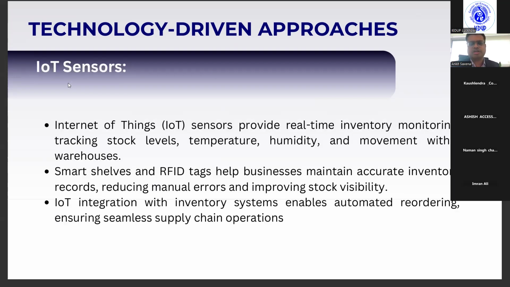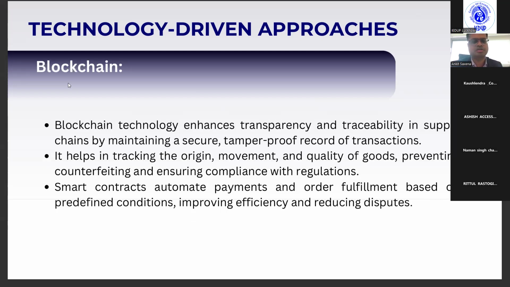Then, as I mentioned, that IoT sensors can be integrated within the existing warehouse setup, and there are RFID tags, smart shelves which can be integrated to maintain accurate inventories. These IoT integrations can be applied to the existing inventory systems and ERPs which are already with the business.